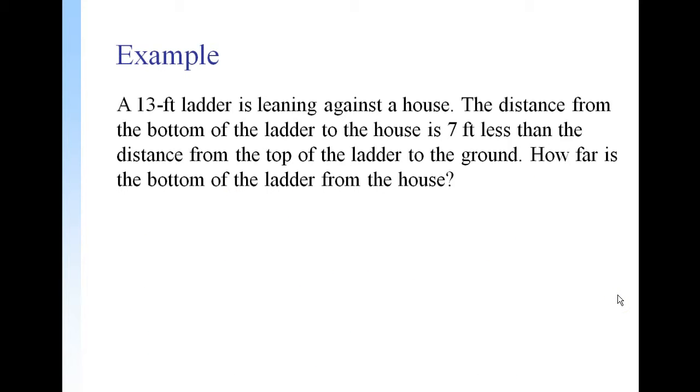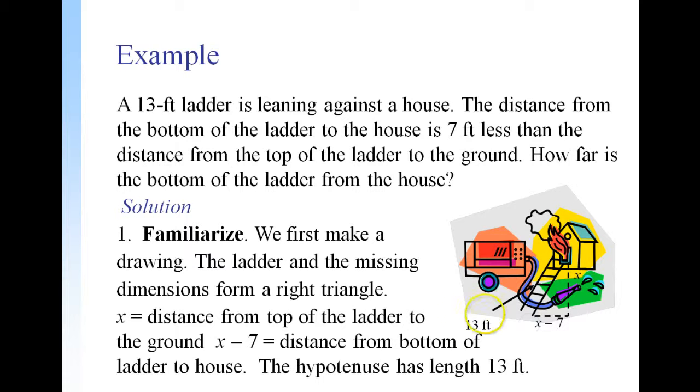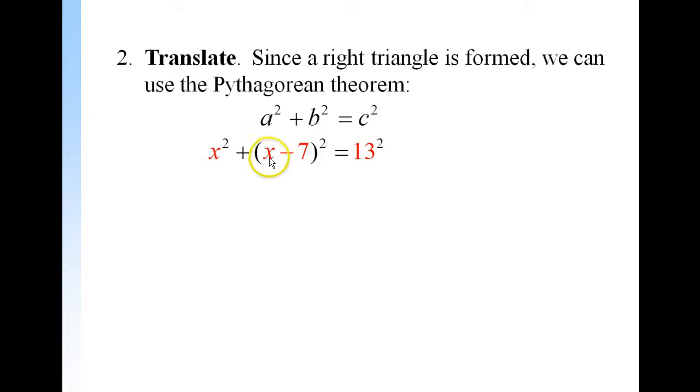Now we'll see them do it. And again, they have a little figure similar to ours here. And there's our one side, there's our short side, and there's the hypotenuse.